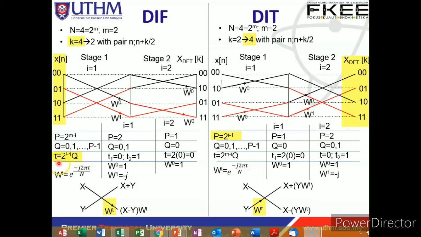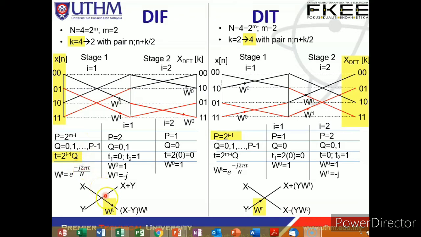In DIF, the T equals 2 to the power of I minus 1 multiplied with Q. However, the T in the DIT will be equal to 2 to the power of M minus I multiplied with Q. So for this part you can try by yourself, referring to my explanation for the DIF method. Okay, so this is the third difference.